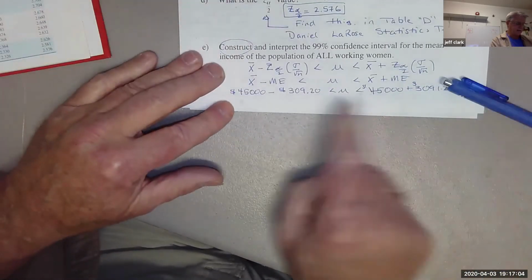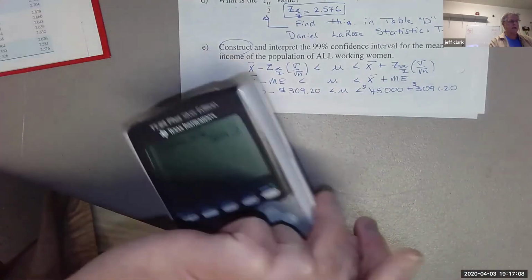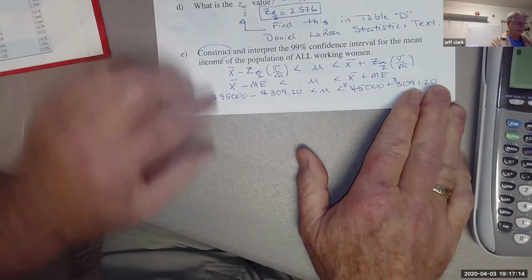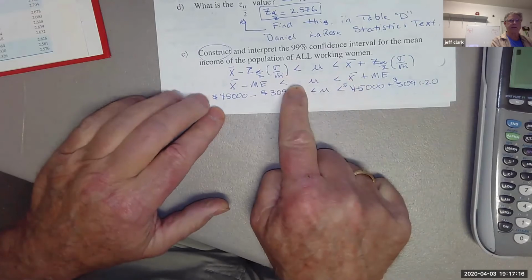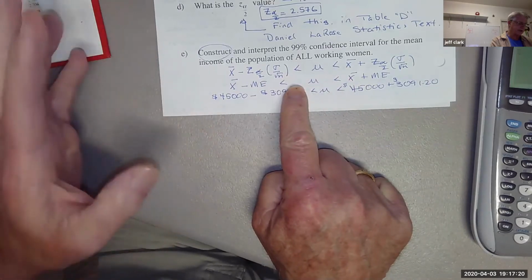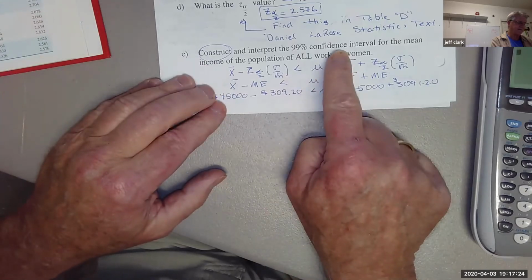And the result that I'm going to get here will be the same result as using my technology. On the multiple choice portion of the test, this is all fine and dandy using this so you can see it. But to actually get the answer, what's the 99% confidence interval for the mean?